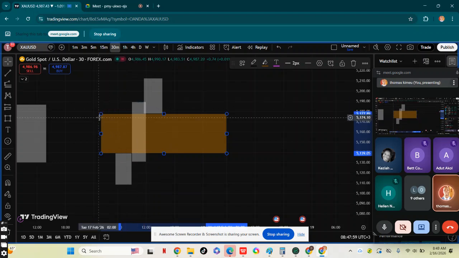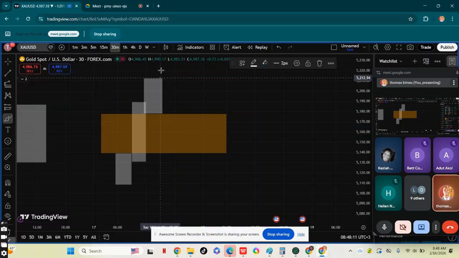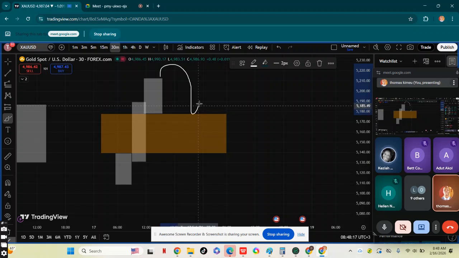If this was a bullish market, and the market created this kind of a fair value gap, what will happen as a trader? If this market decides to come all the way down, we expect the market to be reversed at this level. If this market decides to drop at this fair value gap, most of the time it reverses the market.